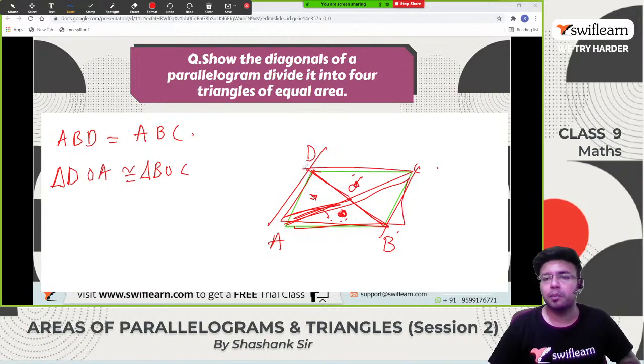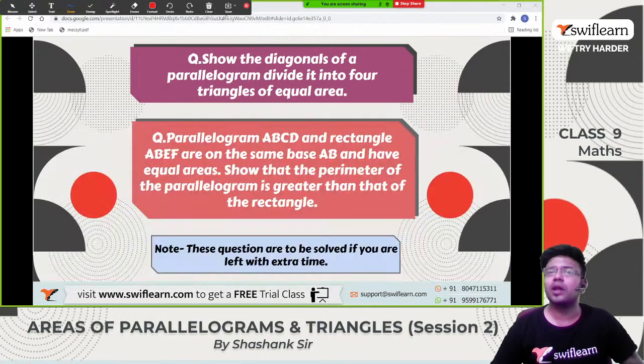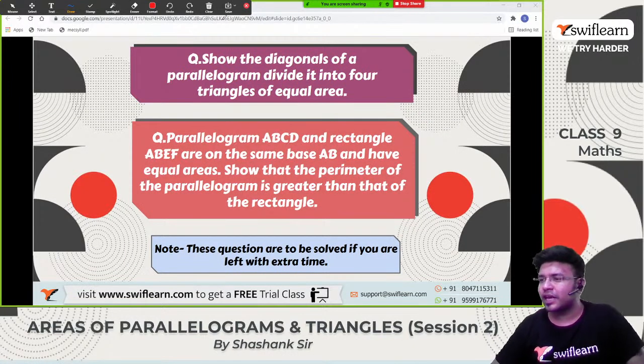This is parallel and this is the transversal, so this angle is equal to this angle. The remaining angles will definitely be equal. So using some postulate, we say these two triangles are congruent. Now all the triangles are congruent. Like this we can say.